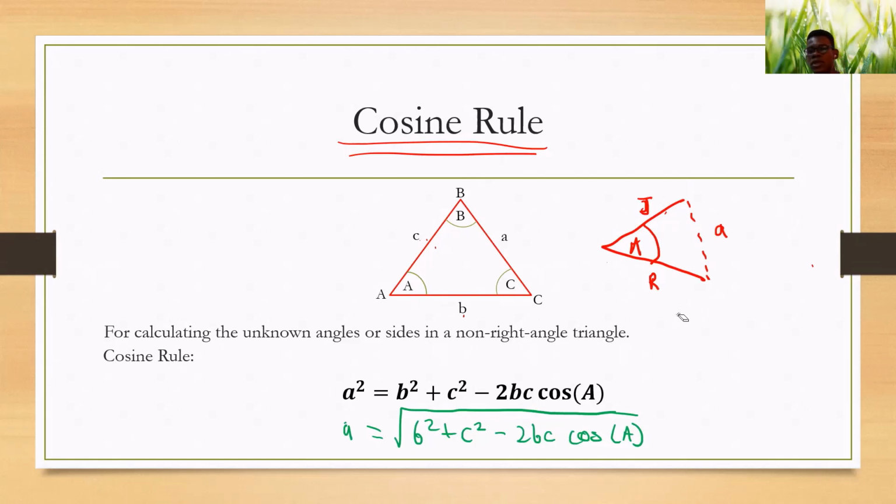Now, without even looking at the formula, because these might not be labeled as A, B, and C, as we would have clearly seen before, they can be labeled P, Q, R or whatever the case might be.